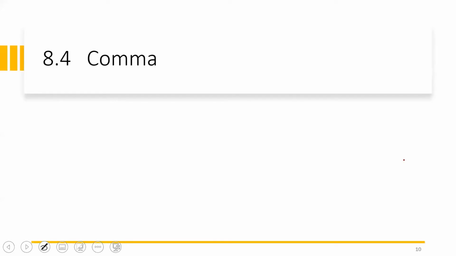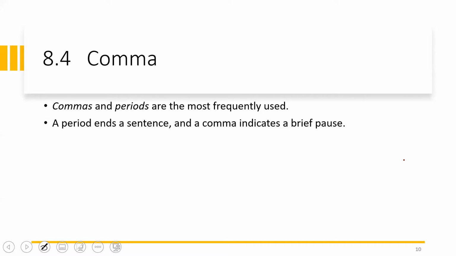Comma and period are most frequently used in technical writing. A period ends a sentence, and a comma provides only a very short, brief pause. The comma's function is more than a pause; it includes a pause, but more than that.